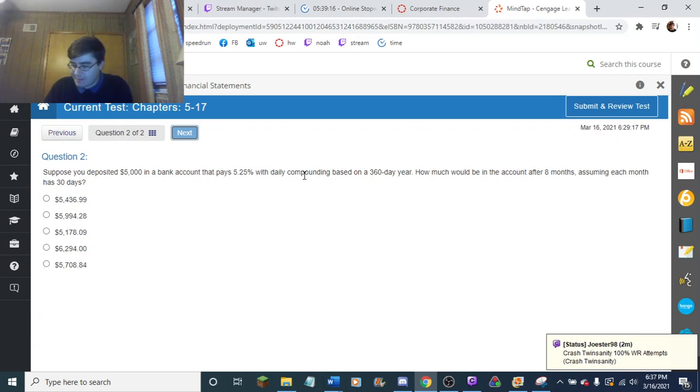You do 0.014583333 interest. And they just set it to 0.01 to round, of course. 240 N, 5,000 PV, compute future value 5,178.